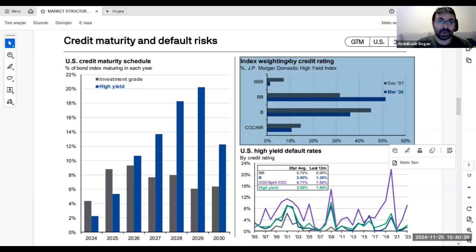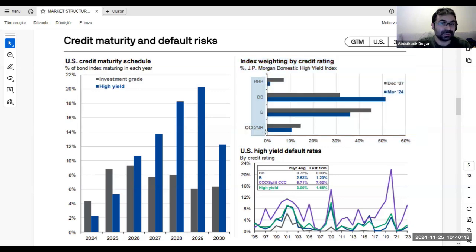And here, index weighting by credit rating, as you see here, these are the credit rating BB, or let's say B. Or there are some C, these are really junk bonds. These are like trash. Okay, there are only some people who are gambling, putting money into those types of bonds and bills.